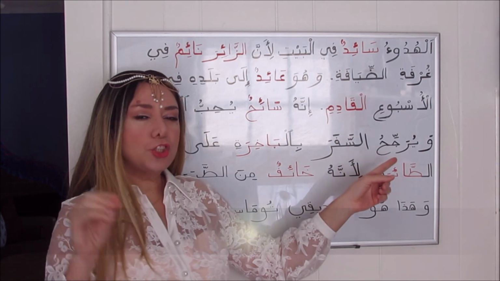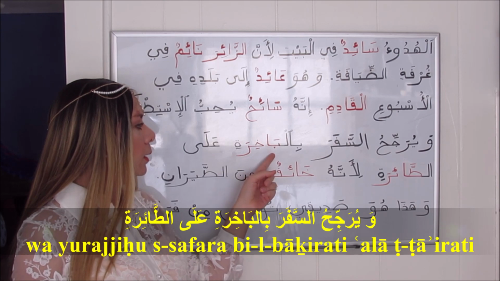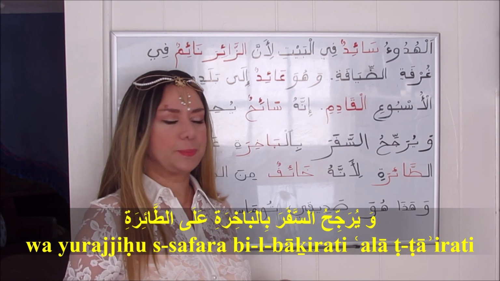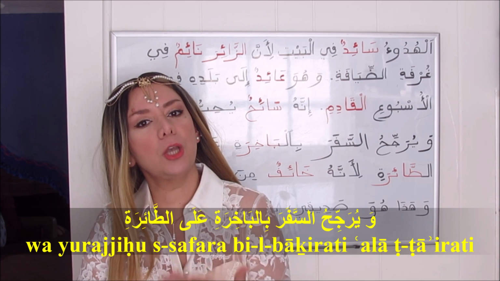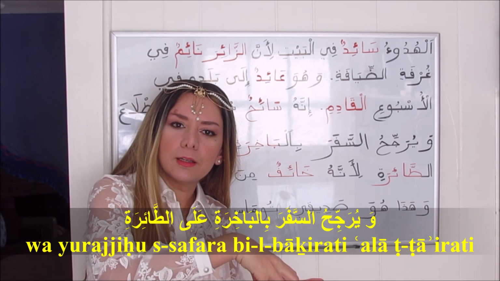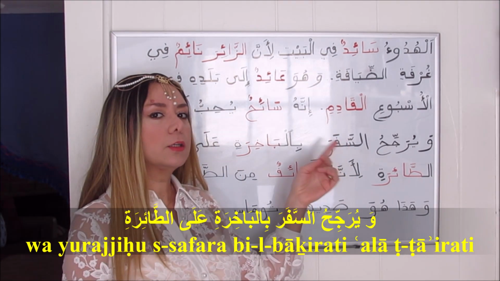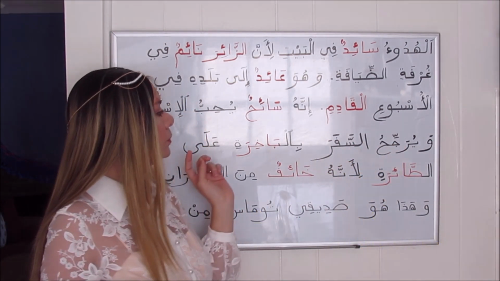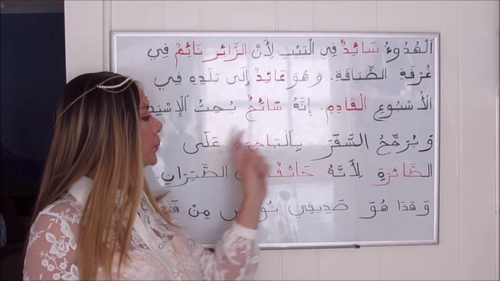Wa يرجح السفر بالباخرة على الطائرة. ويرجح, of the verb رجح. رجح, to favor, to prefer something to something else. السفر, traveling, and he prefers traveling. This is the verbal noun of سافر, to travel.